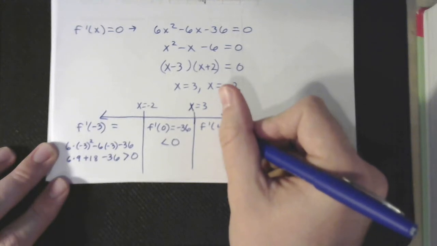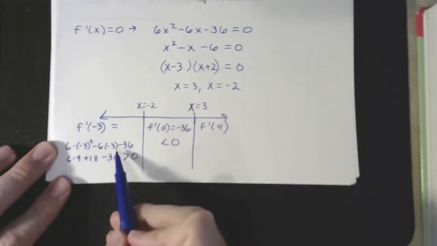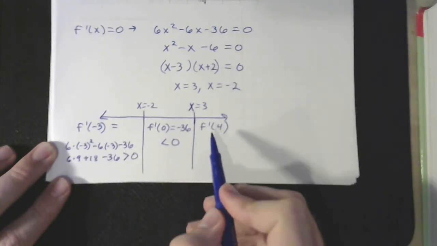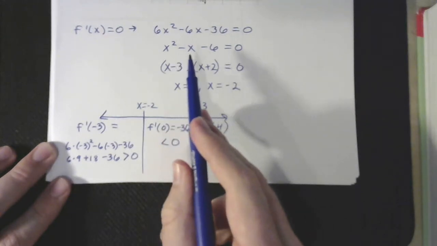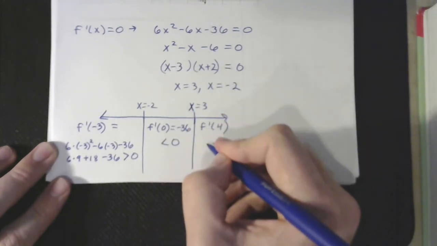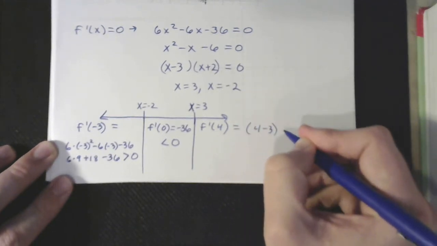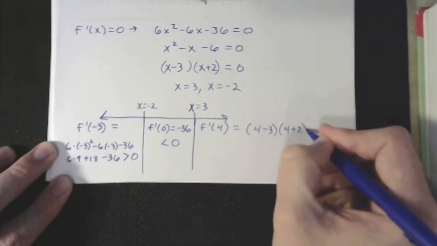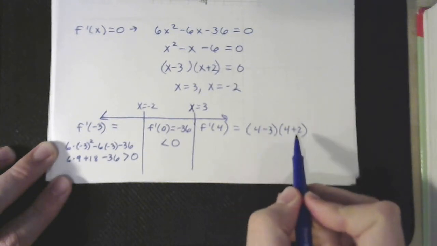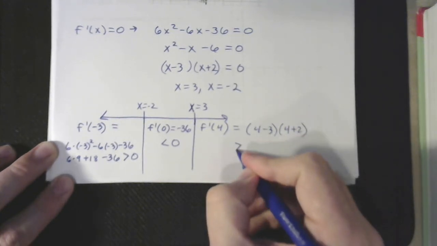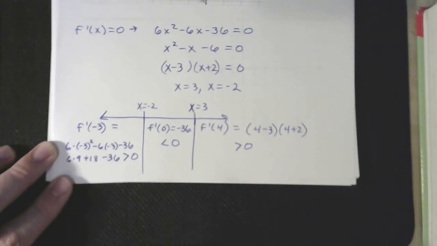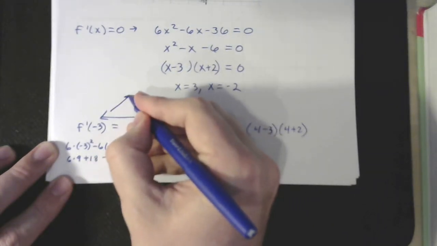F prime of 4, now we plugged the negative 3 in this way. For f prime of 4, I want to show you that you can use your factored version, and it might make it easier. So this is going to be 4 minus 3 times 4 plus 2. Well, this is positive and this is positive, so this whole thing is positive. So we have positive, increasing.